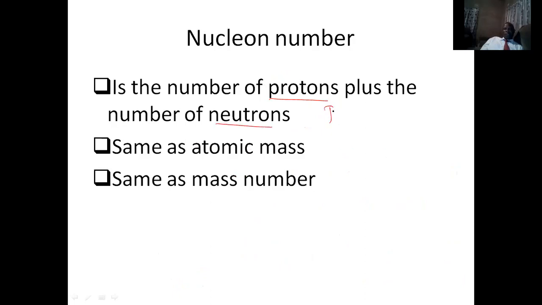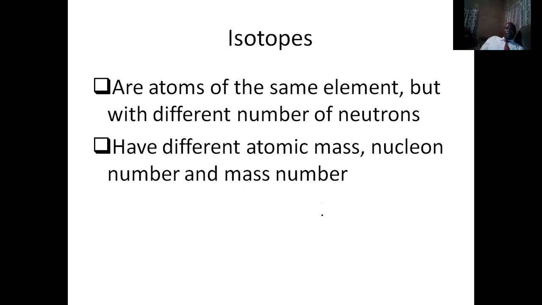When you add the protons plus the neutrons, you get the atomic mass. So the nucleon number is the same as the atomic mass, and it's the same as the mass number.